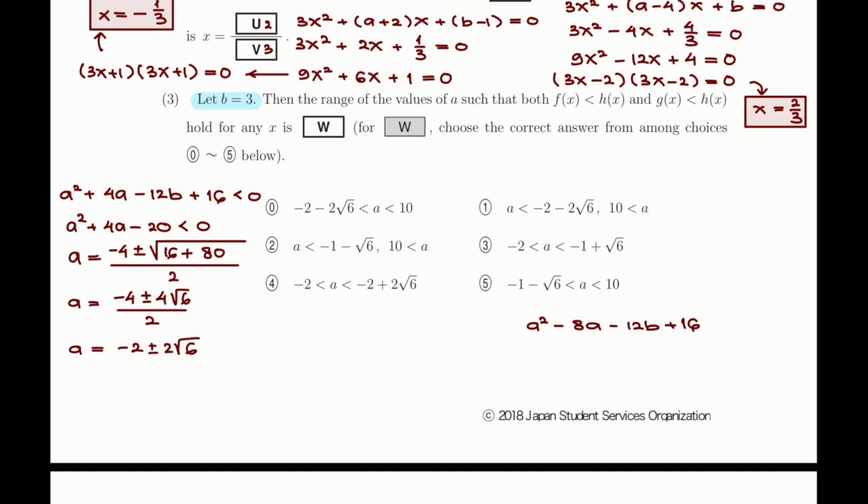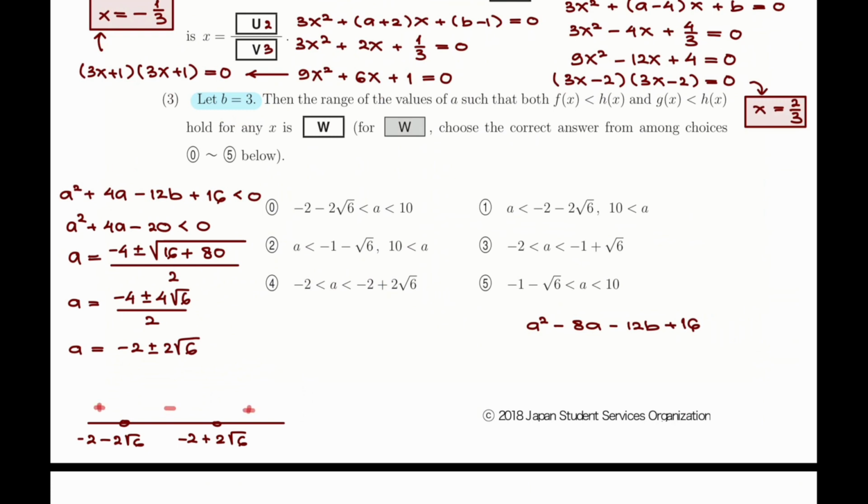And then if I draw a number line, since we are dealing with an inequality, the first critical value is negative 2 minus 2 square root of 6, and the second one is negative 2 plus 2 square root of 6. If I check the sign by substituting 0, okay, so the sign here is negative, positive, positive.